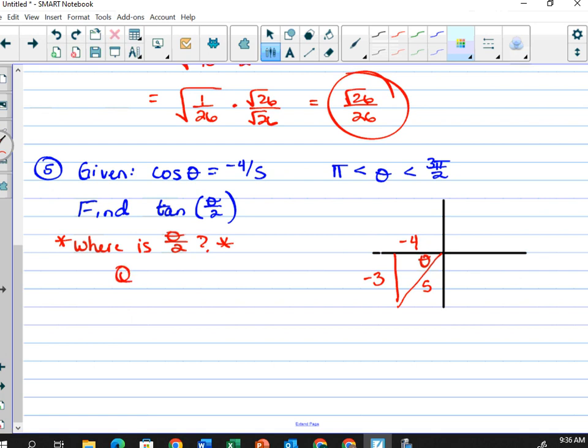Second, yes, quadrant 2. So what does that make tangent of theta over 2? Are you picking positive or negative? Negative. And that really only matters if you use the first formula. You're welcome to use one of the other two formulas where you don't actually have to pick the plus or the minus. It is up to you. Did you guys pick one of the other ones?